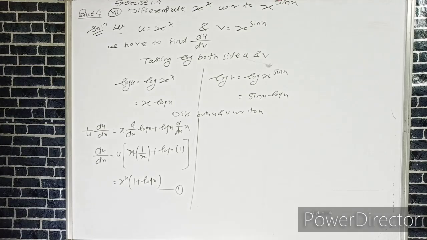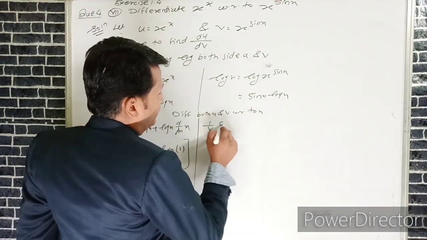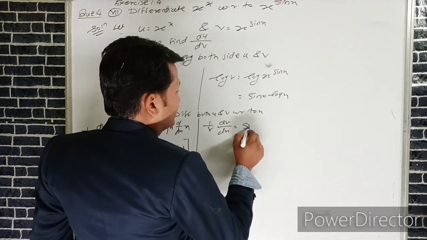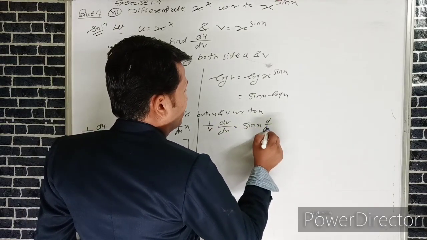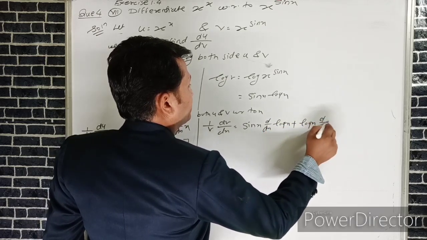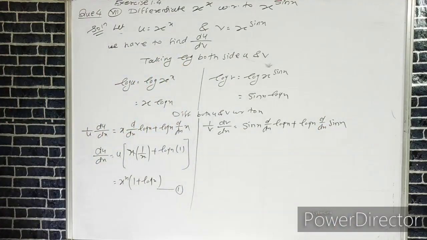Secondly, we have to find dv upon dx. Here if we take the derivative, 1 by v dv upon dx is equal to, we can write sin x into the derivative of log x plus log x into the derivative of sin x, by using the product rule.